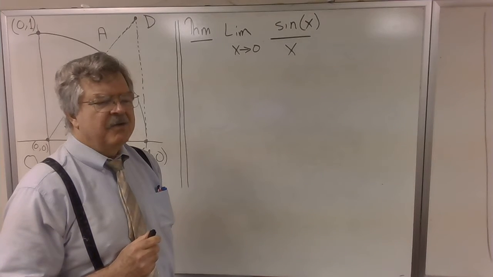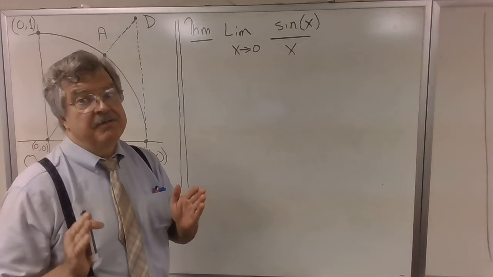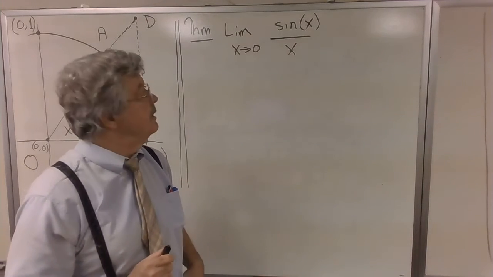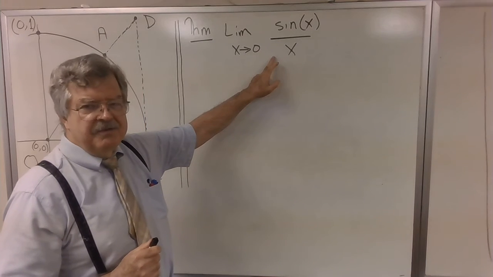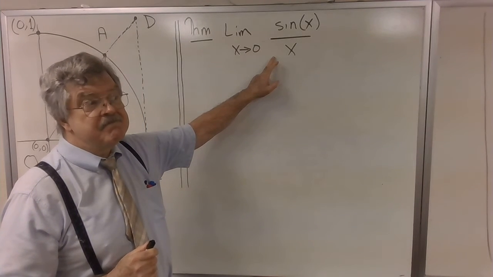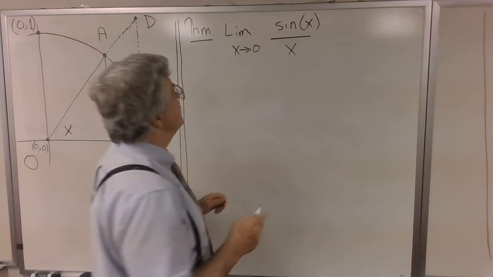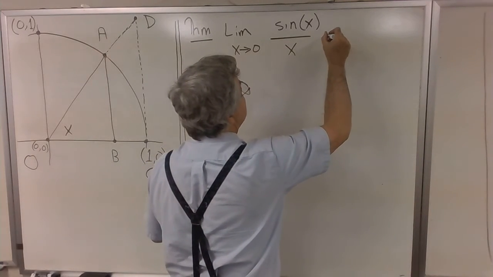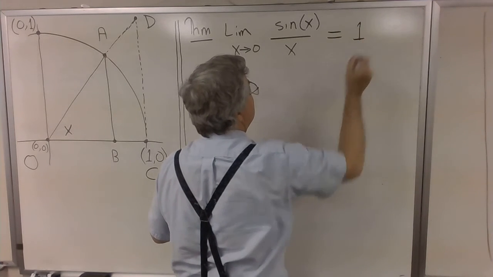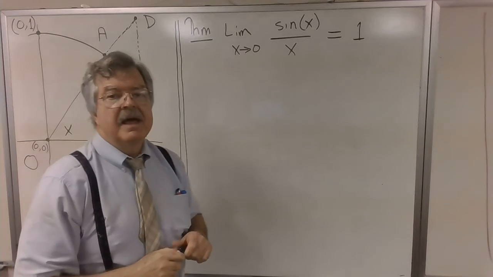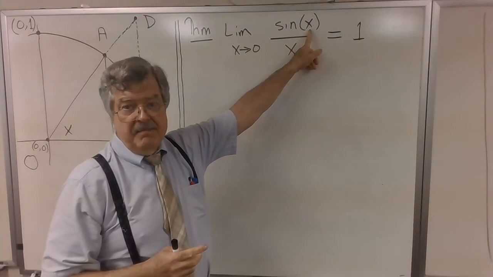So if we don't remember seeing it in Cal 1, no big deal. It wasn't part of the big picture in Cal 1. But we're going to need this to do some proofs. So let's prove it. The limit as x goes to 0 of sine of x over x is 1. And I'll mention that x is in radian measure.